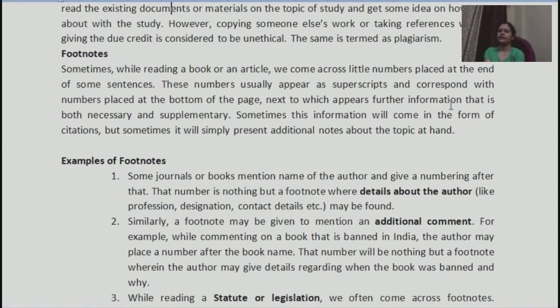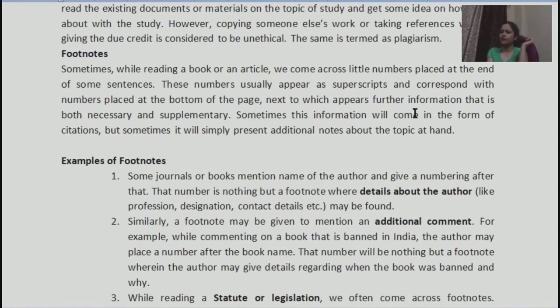Next to which appears further information that is both necessary and supplementary. It may be some information which is very necessary, or it may be some information that you can refer to if you want. It is like supplementary, additional information that is being given.